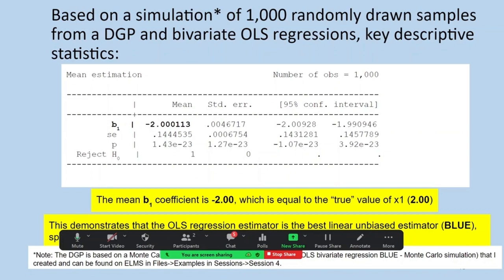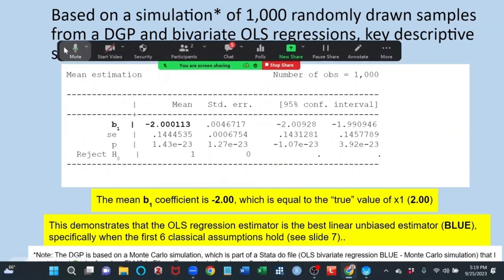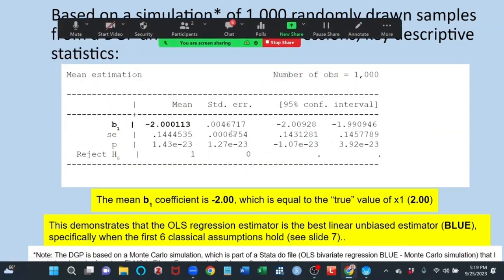Or one could say it's equal to the true value, right? So what does this demonstrate? More observations are better. More observations are better, right? It also shows that the OLS estimator is the BLUE, right? Specifically when the first 6 classical assumptions hold. So it's all assuming those assumptions hold, right?